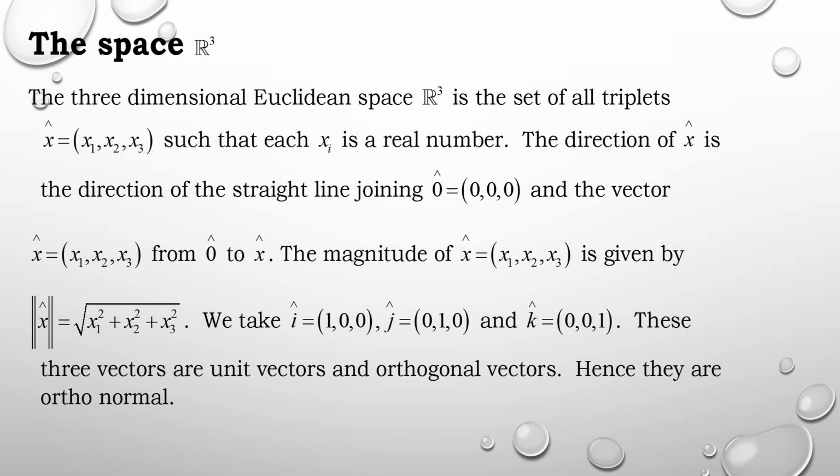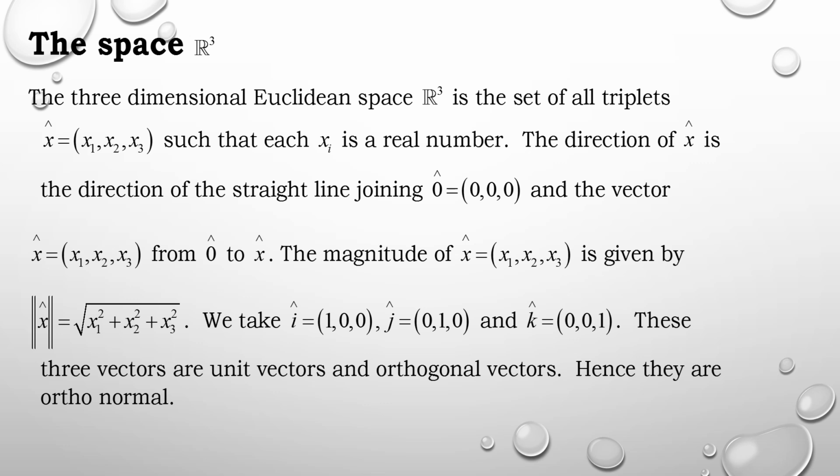What is the direction of this particular x cap? As I previously said, we have to join the origin 0, 0, 0 to this x cap equals x1, x2, x3 by using an arrow. The tail of this arrow is at the origin and the head of the arrow is at x cap. The direction of this particular vector x cap is the direction shown by this arrow from the origin to this vector x cap.